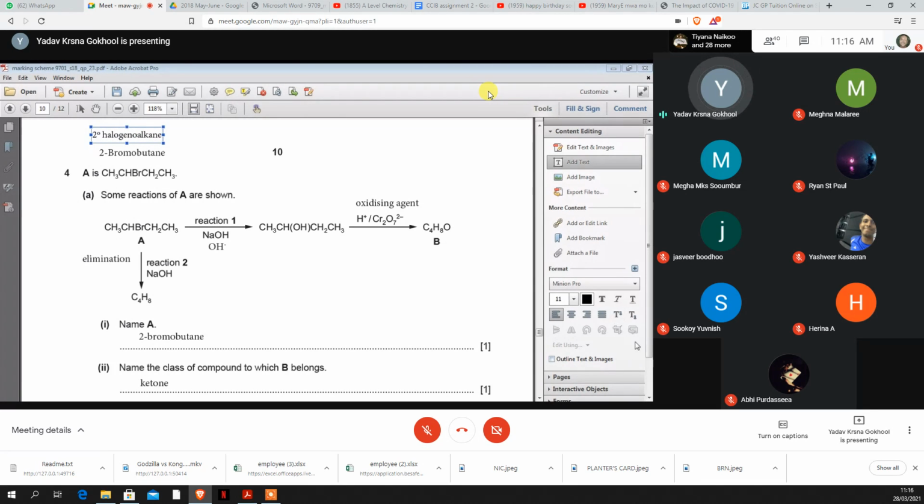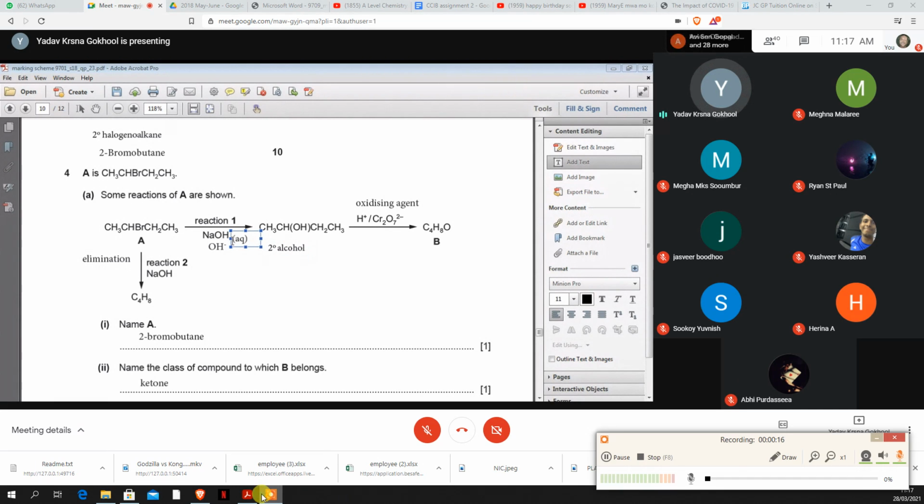A secondary halogenoalkane is always going to give me a secondary alcohol. We had discussed this part. Now, for me to get an alcohol, the NaOH should be providing OH minus.